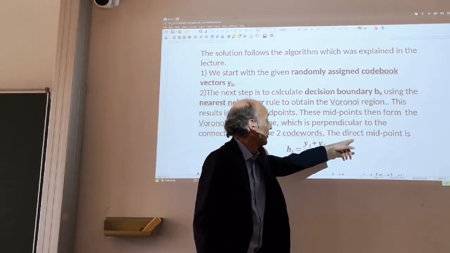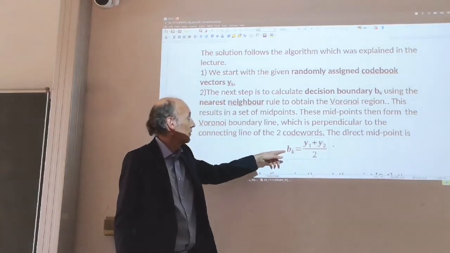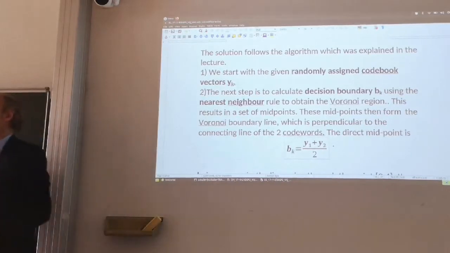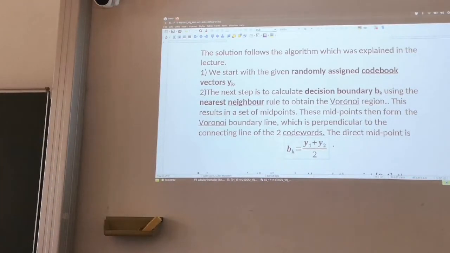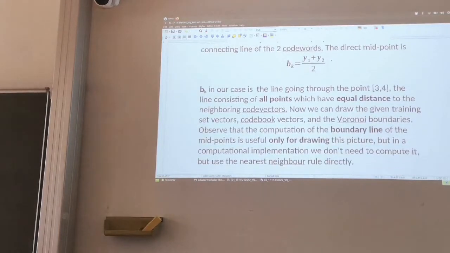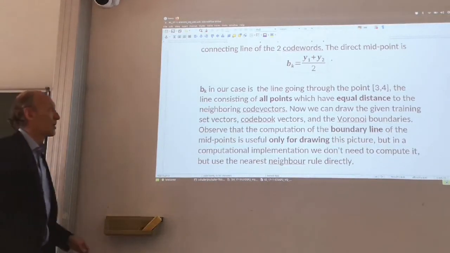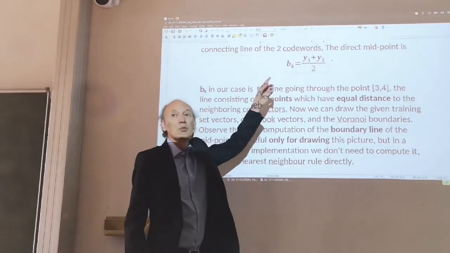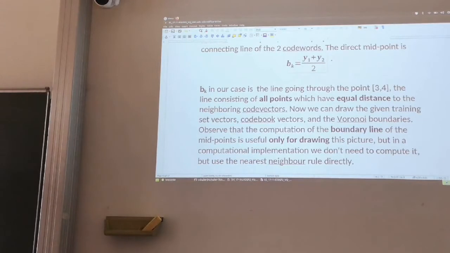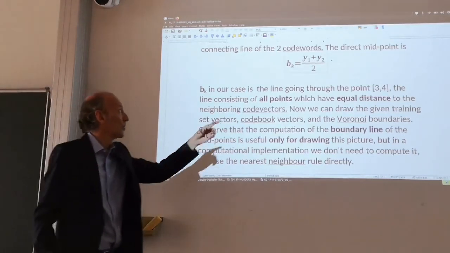So here, the midpoint in this case would be just the middle between the 2. Observe that in the higher dimensional case, you wouldn't really compute this division line. You would just compute which signal vector comes closest to which codebook vector, without explicitly computing this boundary line.